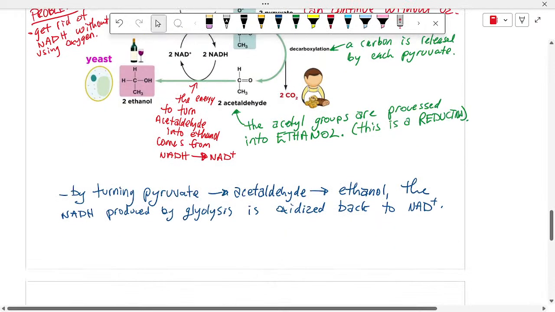And this allows glycolysis to keep going.